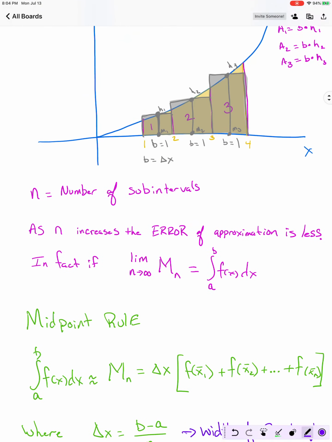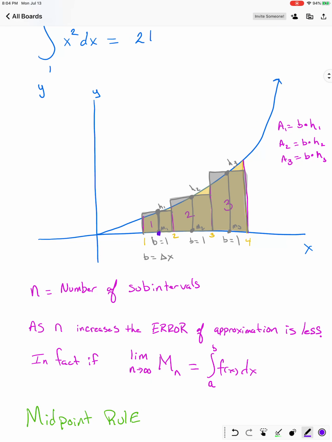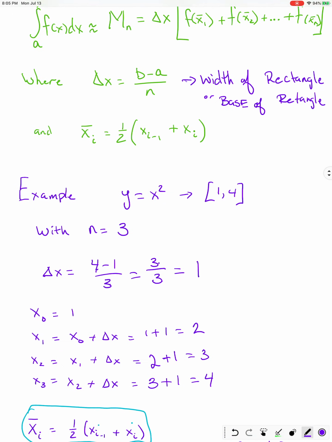So these are the values. If I put these up on the picture that I drew before, this would be 1.5, this would be 2.5, this would be 3.5. And I'm going to put them into the function x squared to figure out the height for each of those rectangles.